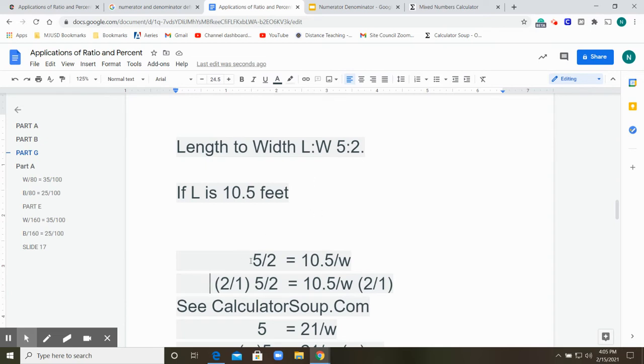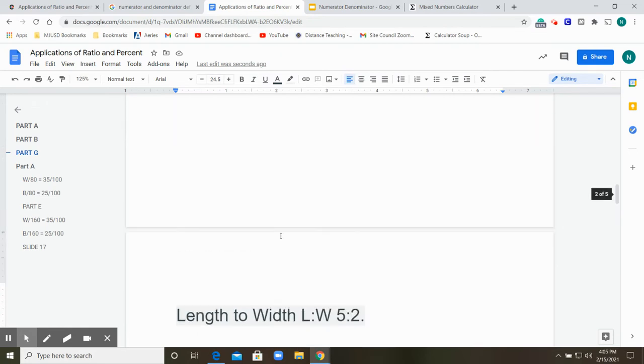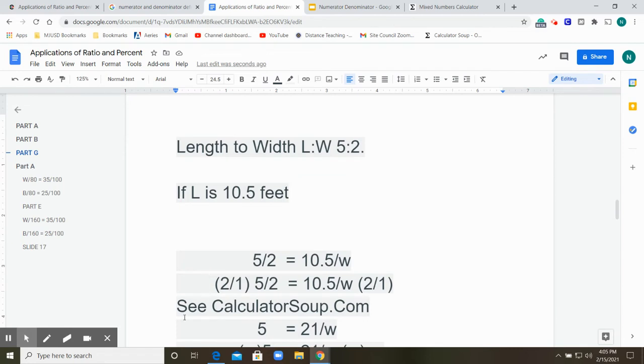That's what they're asking. So 5 to 2 equals 10.5 over W. Now we know this because 5 to 2 is given, and we look at each expression and put them together using an equivalent equation because of the proportional relationship.